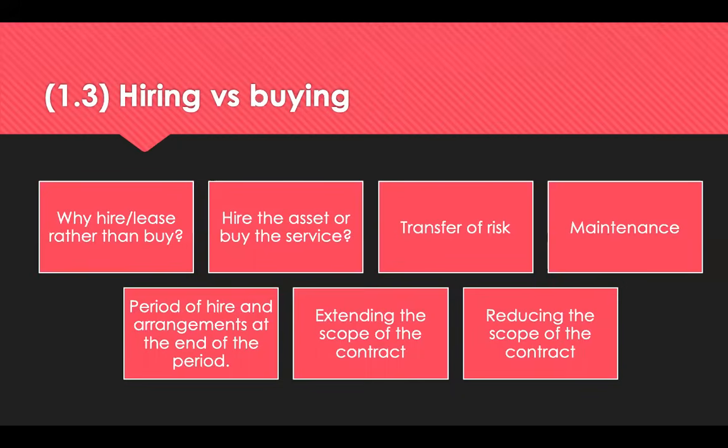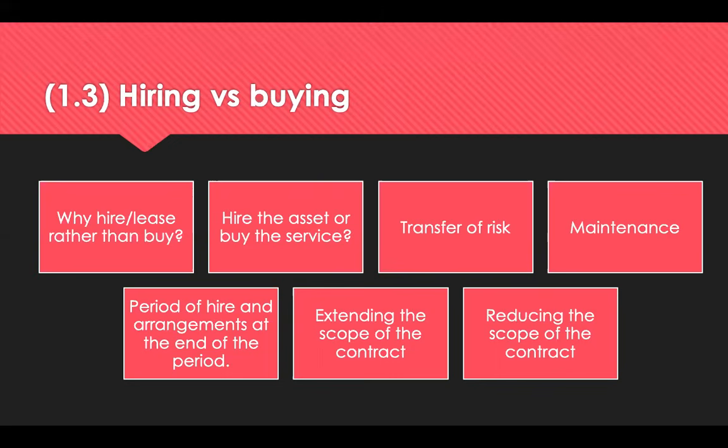The process of forming a contract for hire is quite similar to that of a contract for sale. There still needs to be an offer, acceptance, consideration, intention, and capacity. And many of the key terms of the service may also apply to the contract for hire, so payment terms, health and safety issues, insurance.